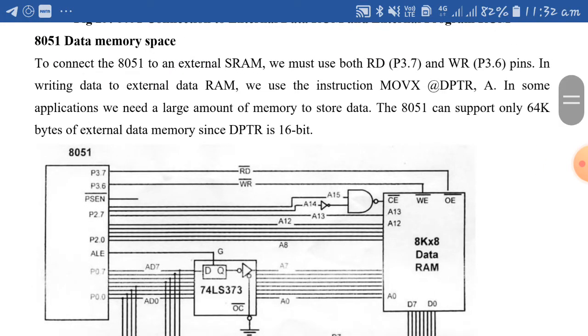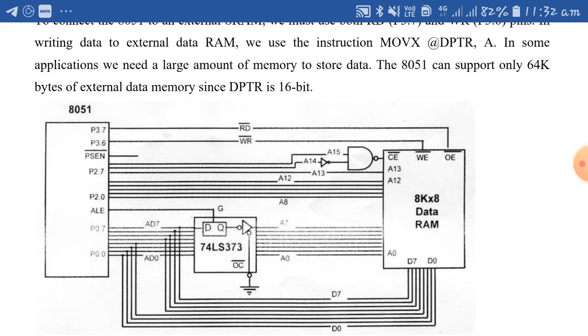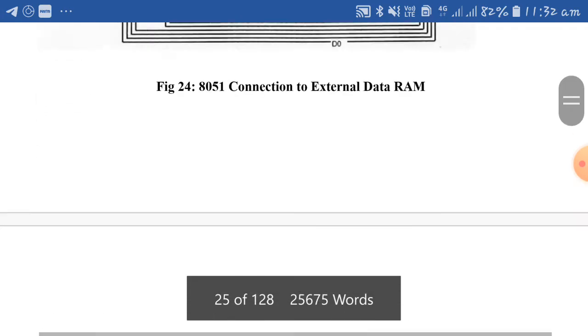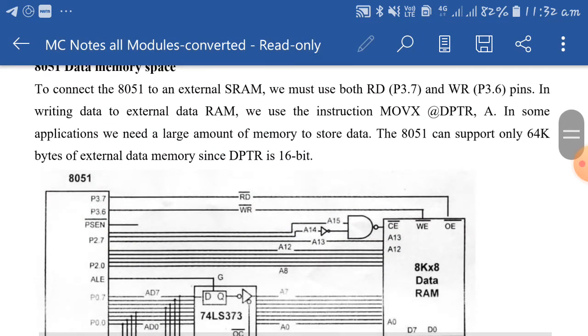In some cases you access data through the accumulator, in some cases through the DPTR. Either you first get the data into the DPTR and then store it into the accumulator, or you move data from the accumulator to the DPTR. Both cases are valid in 8051. I have given just one example.